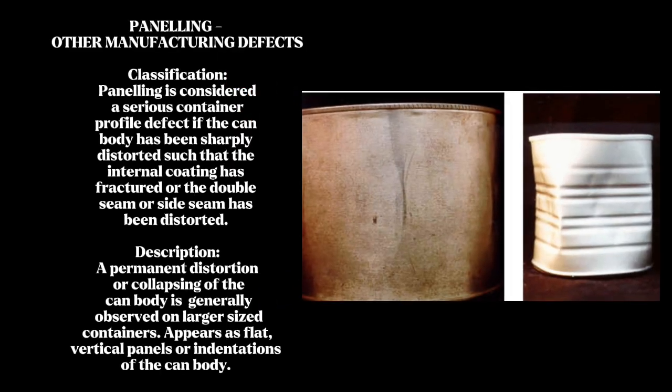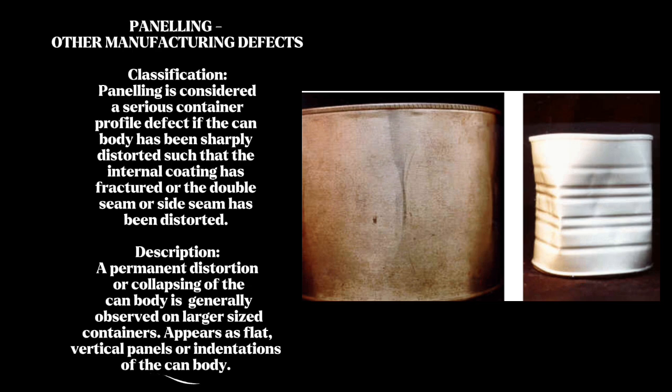So we have one called paneling, under other manufacturing defects. Paneling is a serious defect in container profiles that occurs when the can body experiences permanent distortion, usually appearing as flat, vertical panels or indentations.